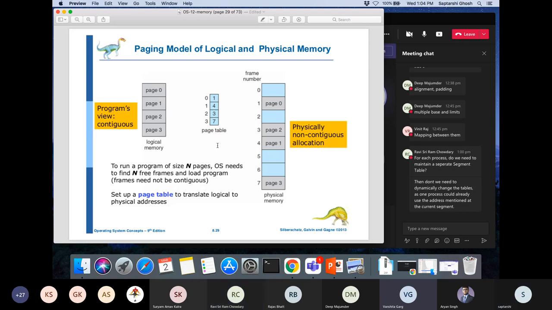Since we are talking about paging now and that diagram is open, let me answer your question using paging. But I hope you understand that the answer generalizes to segmentation also. See here, it is the page table. The OS knows that frame 1 has been allocated to this process. It won't be allocated to any other process.